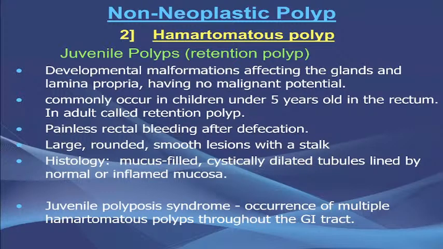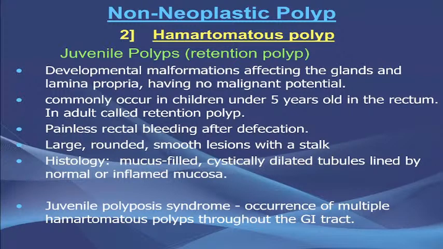So developmental malformation, no malignant potential. Commonly seen in children under the age of 5 years in the rectum. And when it's seen in children in the rectum, we refer to it as a juvenile polyp. In the adult, even if it looks the same, we call it a retention polyp.